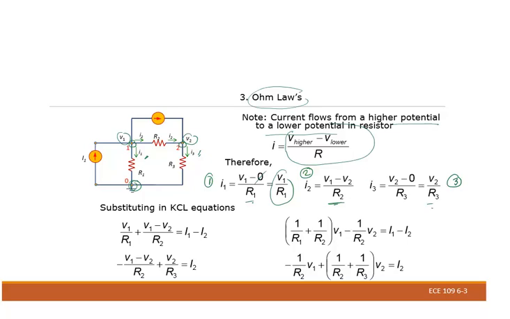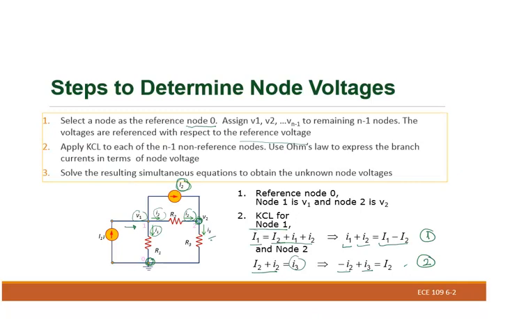If you remember, the first one was i1 plus i2. So i1 is V1 over R1 plus i2 is V1 minus V2 divided by R2, equal to capital I1 minus capital I2. The second equation, if you go back one more time, was negative i2 plus i3 equal to capital I2.